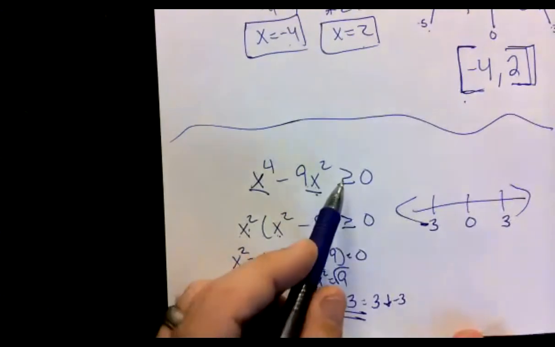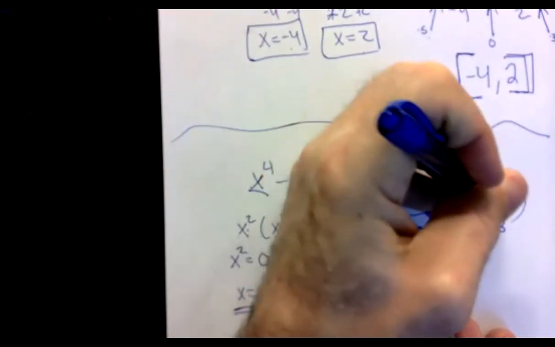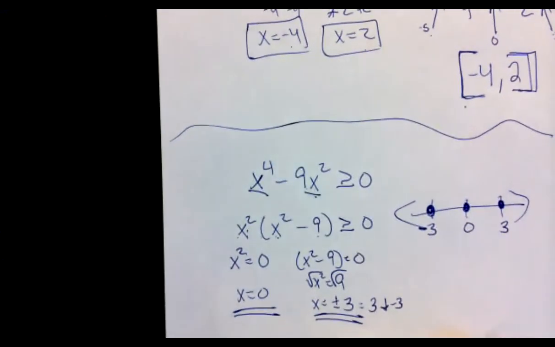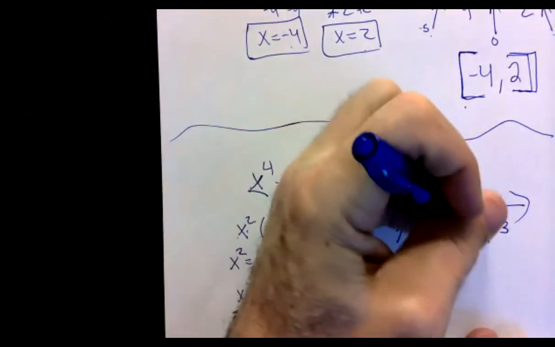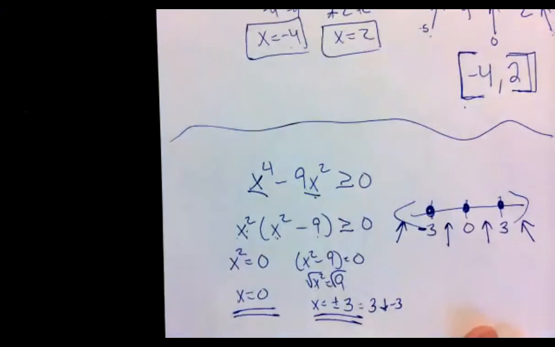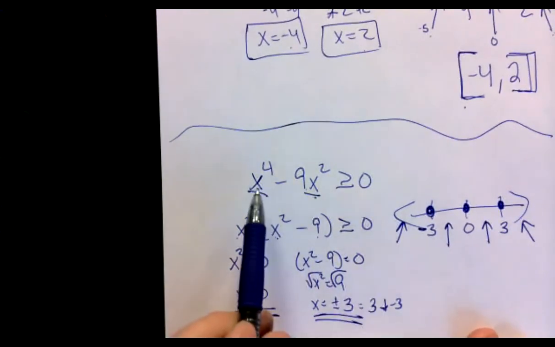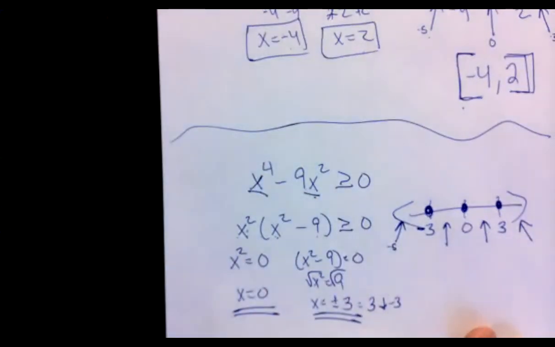Okay, anyway, this is a greater than or equal to. So again, we're going to use closed dots. We're going to use brackets. And now we have more regions to test. You're going to test something smaller than -3. You're going to plug it in, like -4 or -5.